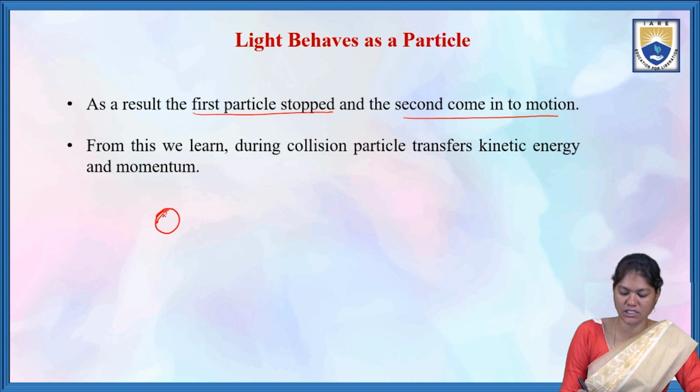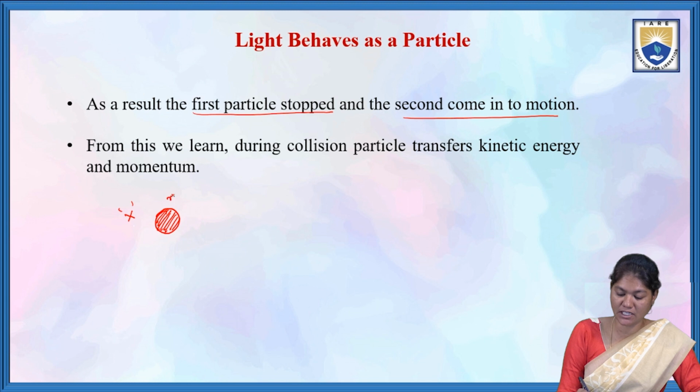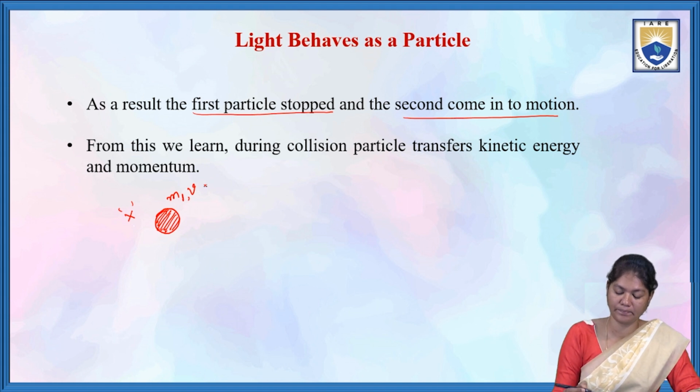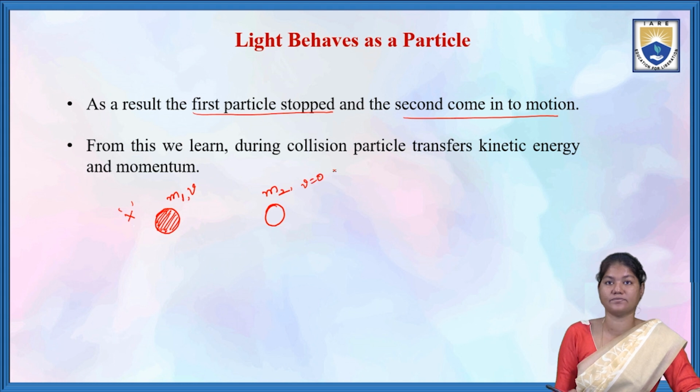So this is a particle, taking it as particle X. This particle has mass m1 and it is moving with velocity v. And there is another particle having mass m2 and it is at rest, so its velocity is 0.